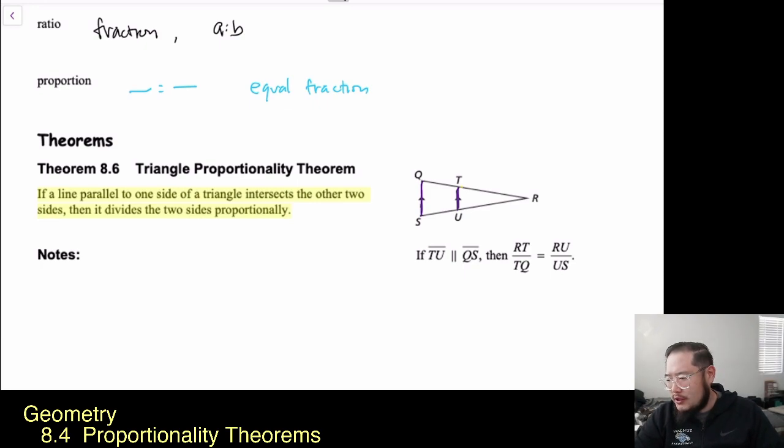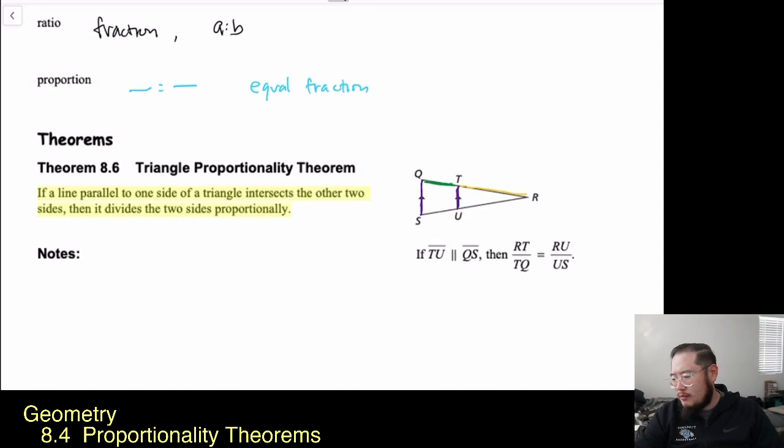over TQ. I think the important thing to realize when we come up with these proportions is to stick with the same side. So I have two colors there, I have TR in yellow, QT in green. That's equal to RU, which happens to be on the bottom side of this triangle, over SU.